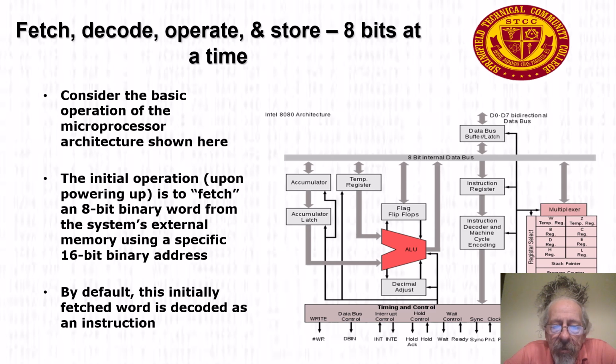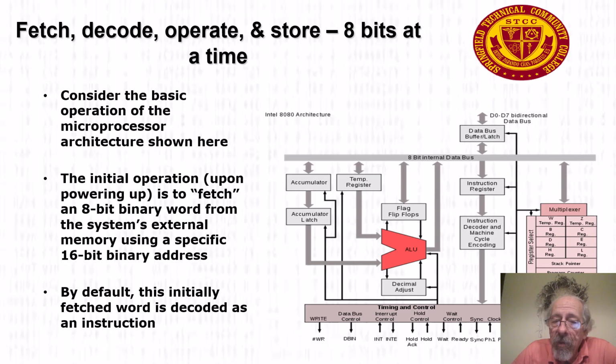The initial operation upon powering up is to fetch an 8-bit binary word from the system's external memory using a specific 16-bit binary address. By default, this initially fetched word is decoded as an instruction. So we reset this device, it goes to a particular address, and it gets an 8-bit binary combination which it believes is an instruction.